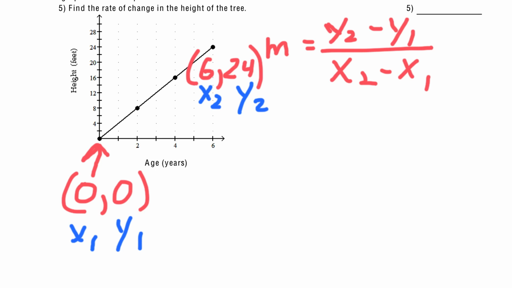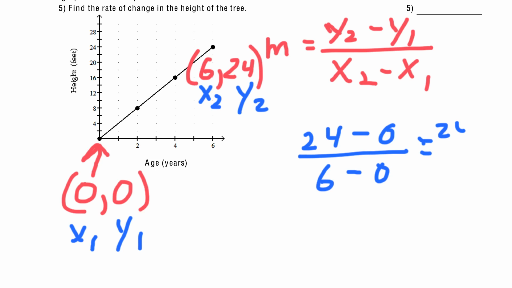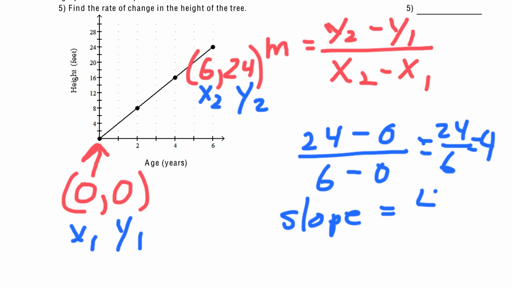Alright, so then I just plug in the values. We have 24 minus 0, and my x2 is 6 minus 0. So that gives me 24 over 6 is 4. So my slope is 4. And we could say it's 4 over 1.